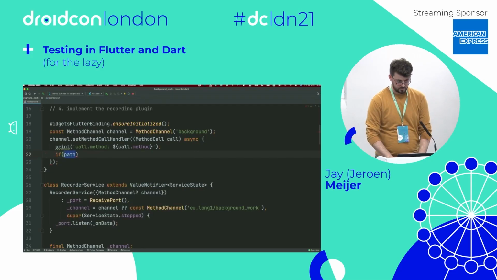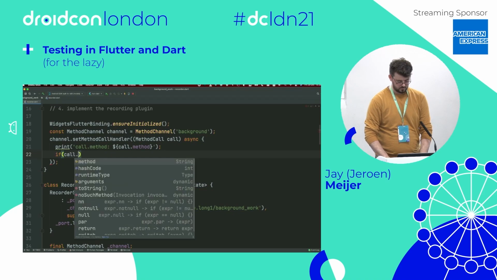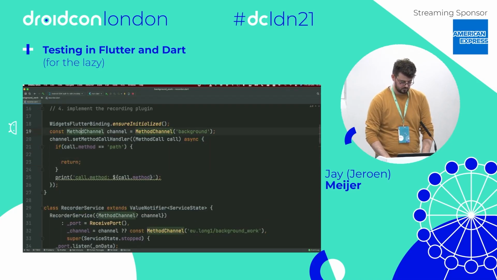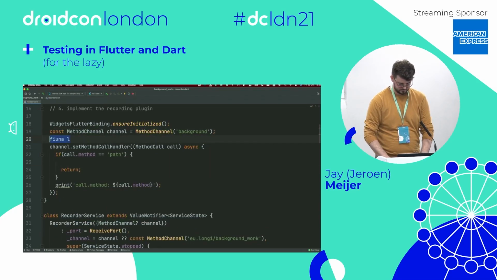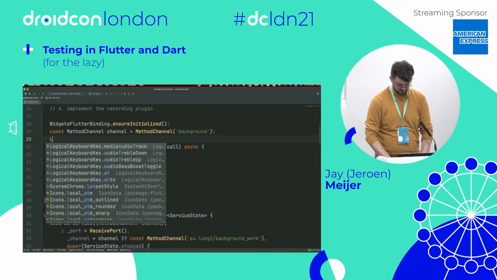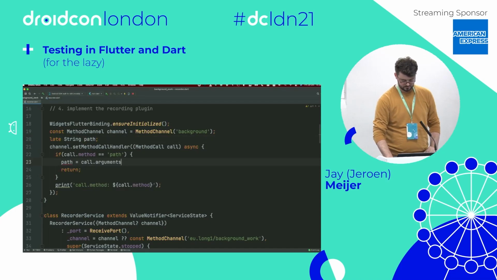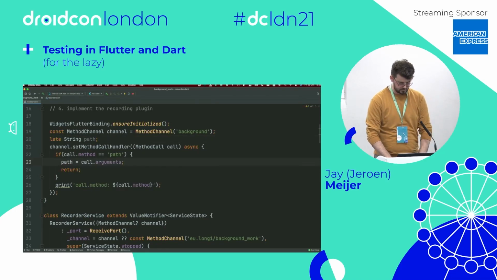So that would be call method path. When we are sending the path, we want to just save it here locally. So it's going to be path, call.arguments. This is what we are sending.